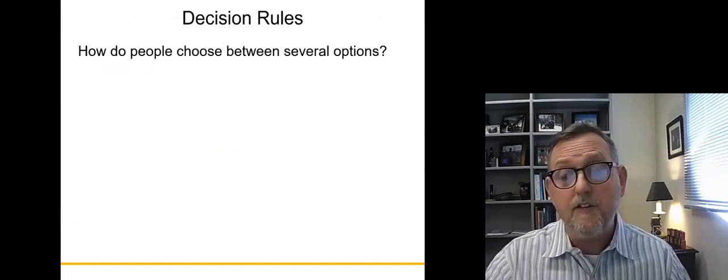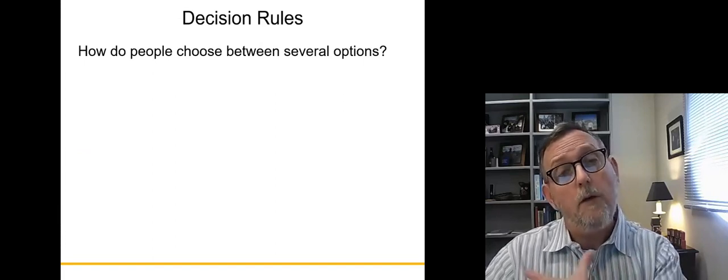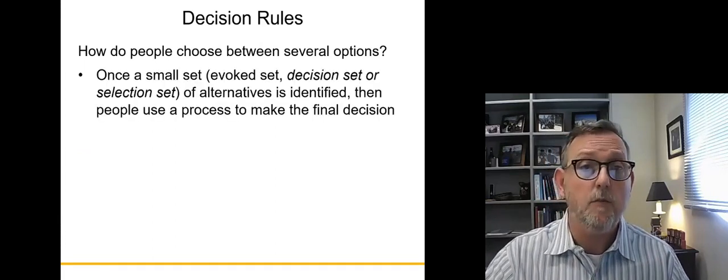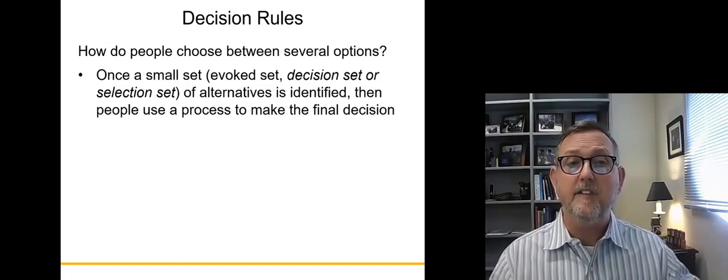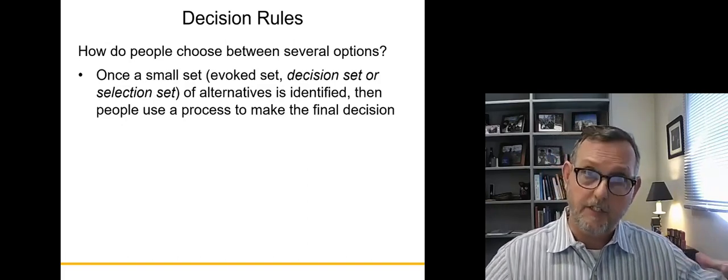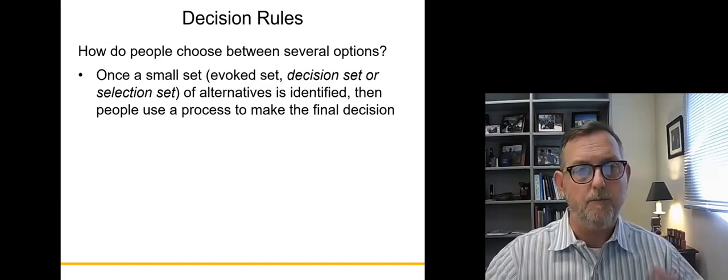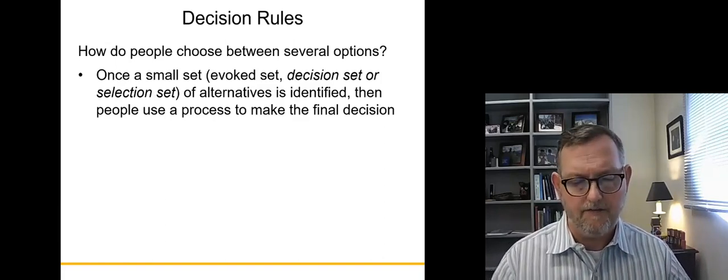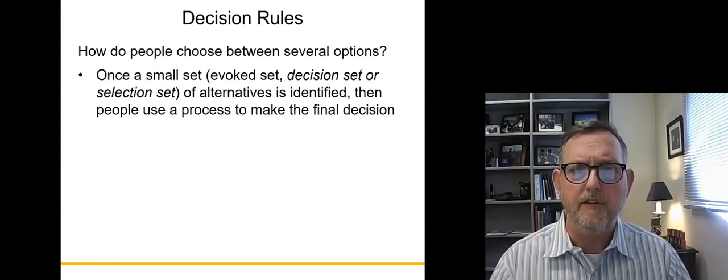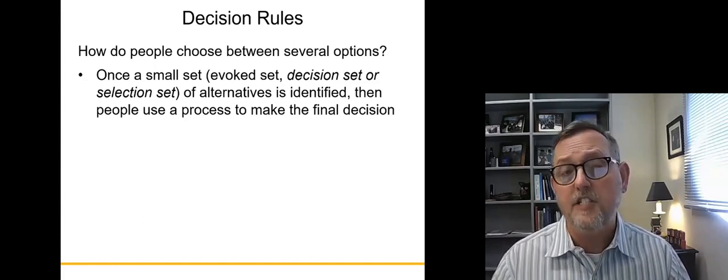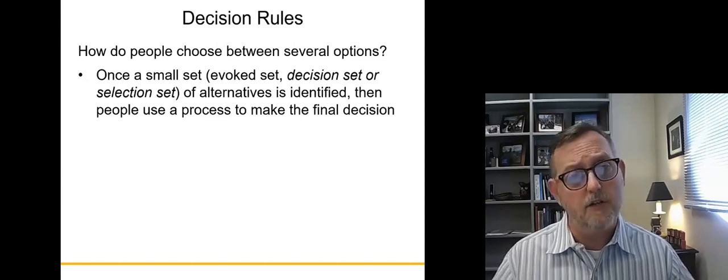So how do people choose between different options? Well, one way they do it is they form what's called a decision rule. So once we have a set of options or set of solutions, or maybe a narrow set of products that we're looking at, we might call that an evoked set, sometimes a decision set or even a selection set.